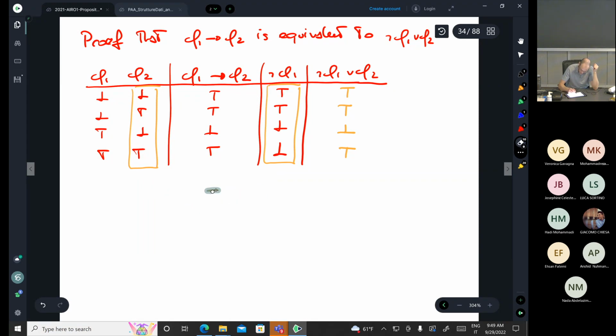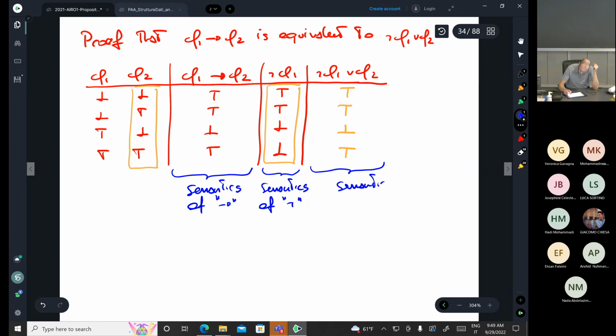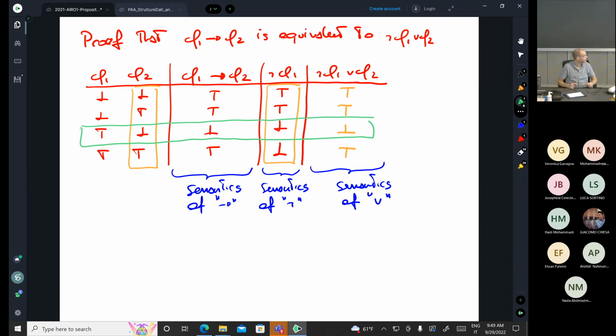So let me write, this is the semantics of implication. This is the semantics of negation. And this is the semantics of disjunction. Okay. And here we can see that there is only one model which falsifies both.